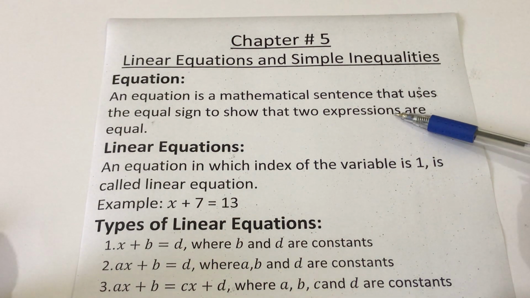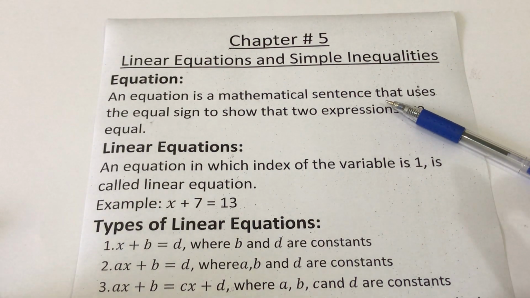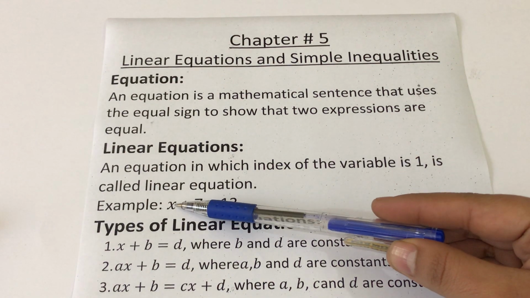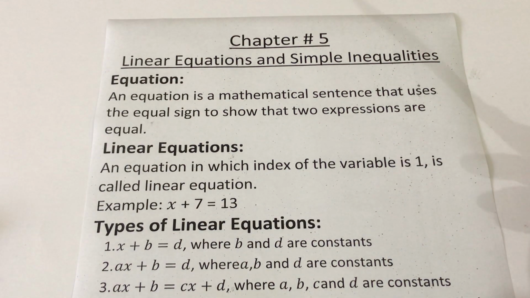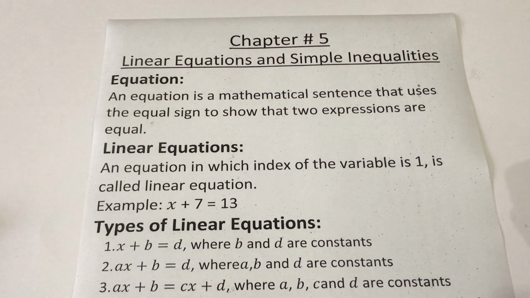In algebra, the most basic things we always use are known as variables, constants, algebraic terms. What are the variables? In algebra, we always use letters like A, B, C, X, Y, Z to represent different numbers.